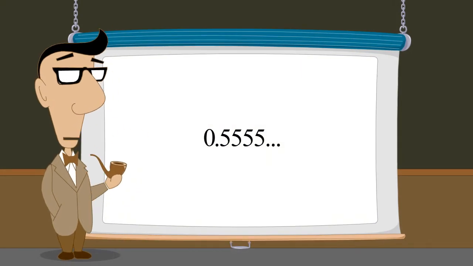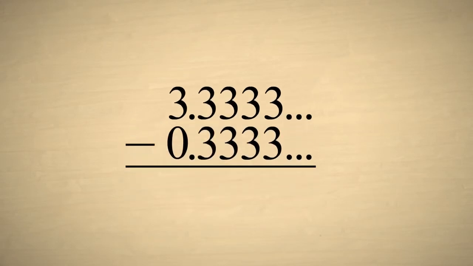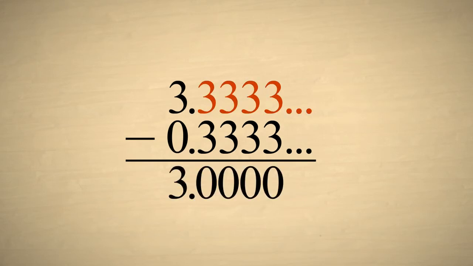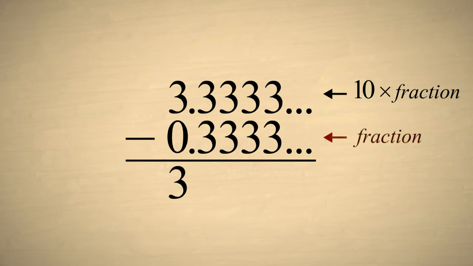Let's try this again with a repeating sequence of 3's. As we did in the previous example, we eliminate the one repeating digit by multiplying by 10 one time and then subtracting the original number. This eliminates all the repeating 3's to the right of the decimal point. So 10 times the fraction minus the fraction equals 3.